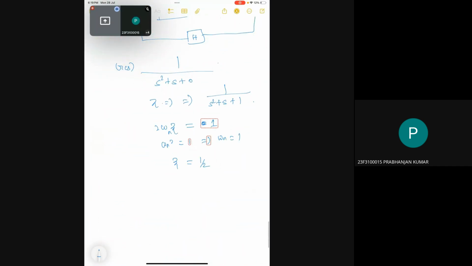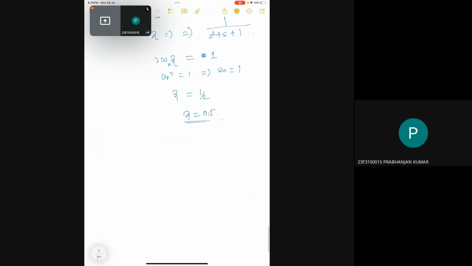Right. Now we found zeta equal to 0.5. Now we have to find the K value so that the system will meet the requirements.